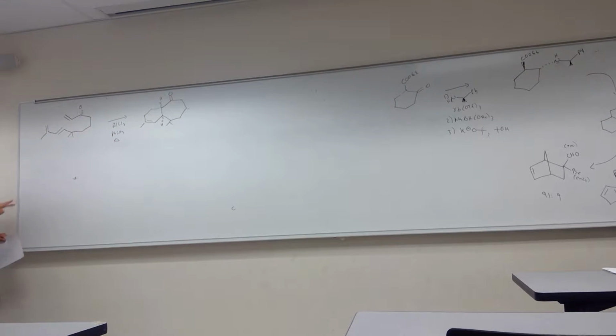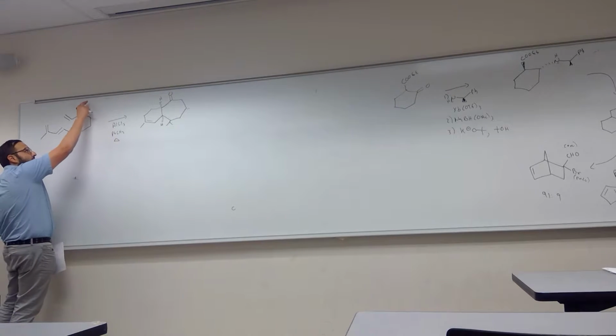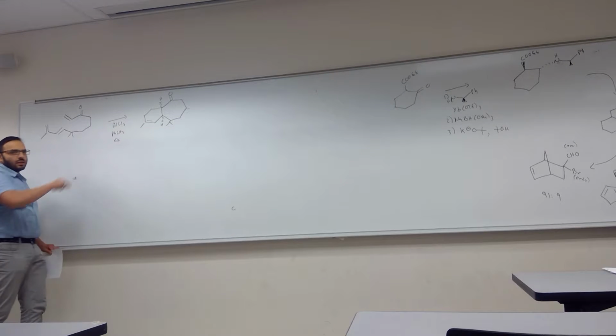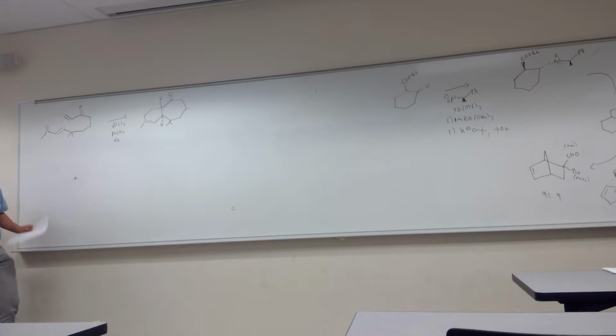So in that particular case, the Lewis acid is activating your double bond essentially, and that allows the Diels-Alder to go. That's why you need the Lewis acid in that particular case. Okay. Look at this other example here.